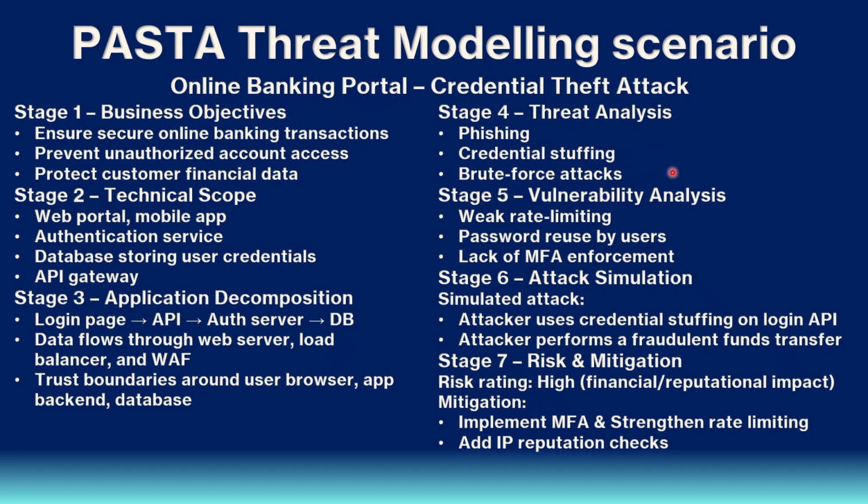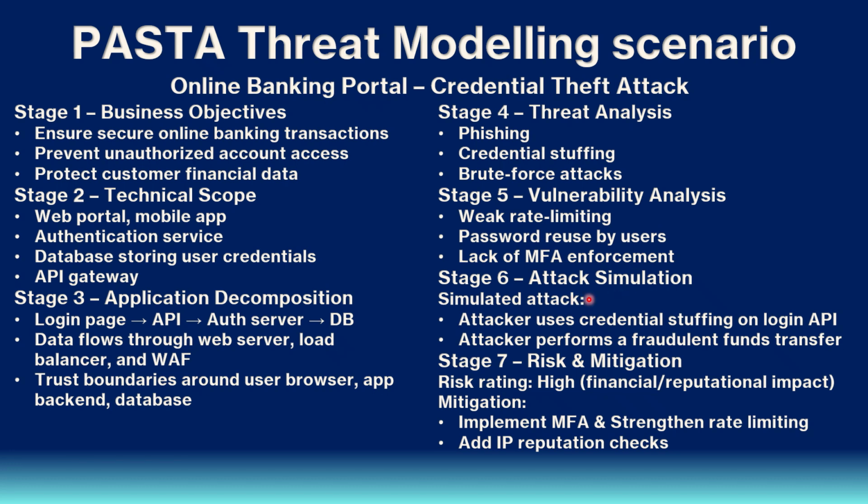Next we'll do the vulnerability analysis, where we check for weak rate limiting, password reuse by users, and lack of MFA enforcement. Those can be the vulnerabilities. This is a hypothetical scenario, so let's assume these are the outcomes of the vulnerability analysis.